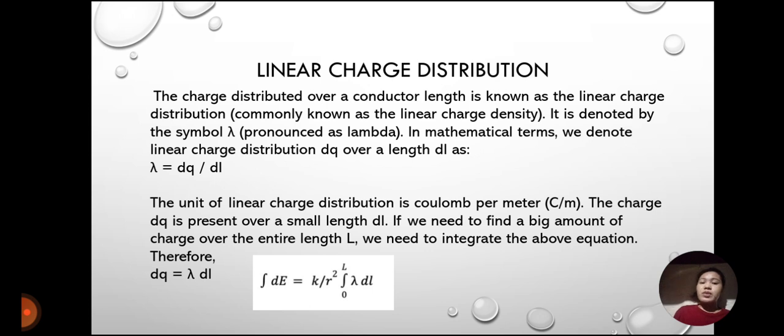It is denoted by the symbol lambda. In mathematical terms, we denote linear charge distribution dq over a length dl as lambda is equal to dq over dl. The unit of the linear charge distribution is coulomb per meter, or C over m.